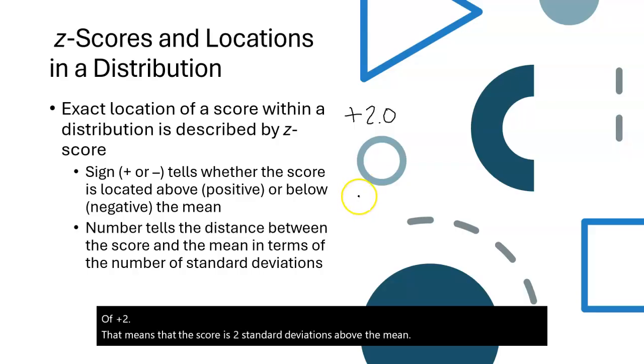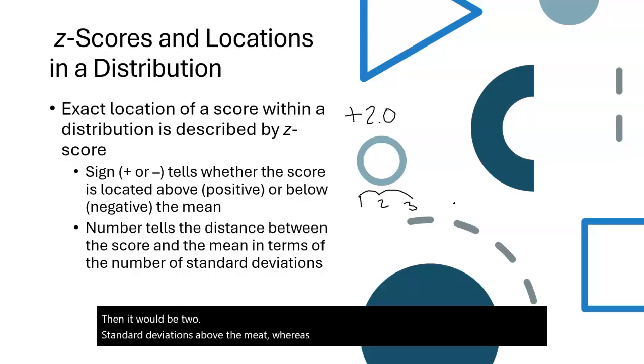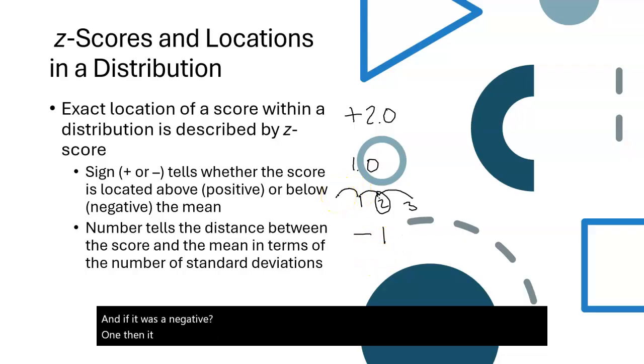If the mean is here, then it would be 2 standard deviations above the mean. Whereas 1.0 means it would only be 1 standard deviation. And if it was a -1, then it would be below.